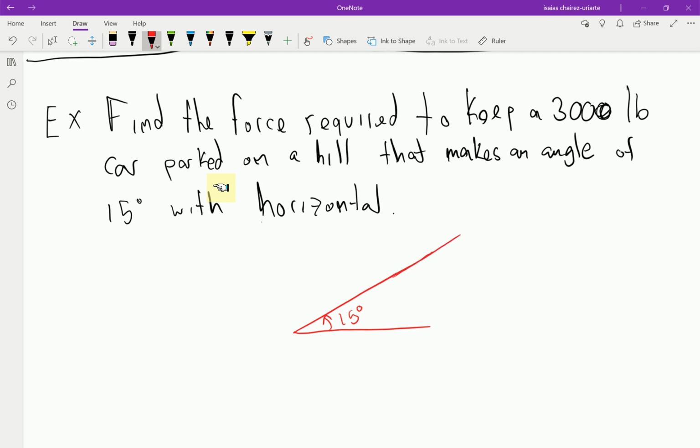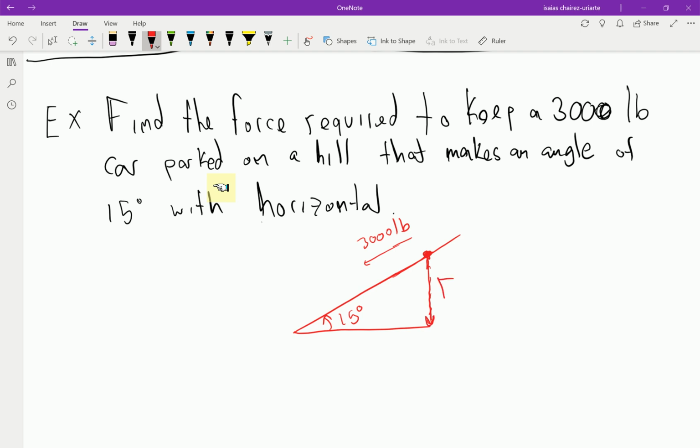Somewhere along here, there's a car. I'm just going to indicate it by a point. Let's just pretend that right there is a vehicle at that point. And there's a couple of forces happening here. There's this force going in that direction. That's what the 3,000 pounds is talking about, and that wants to go downhill. But then there's another force going down this way.